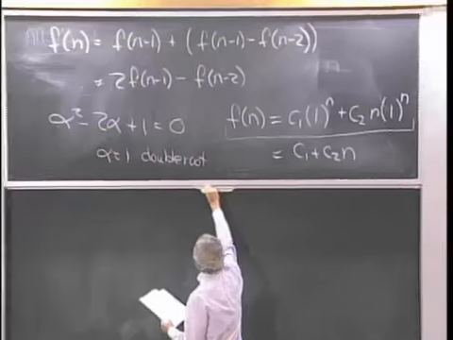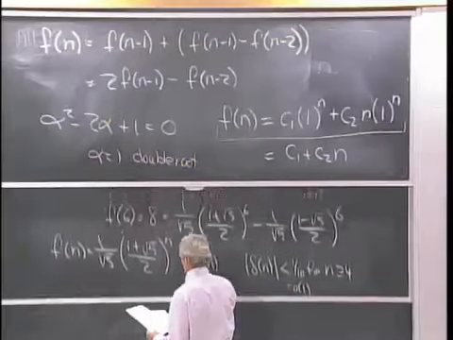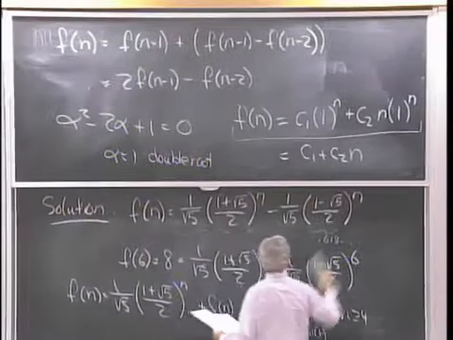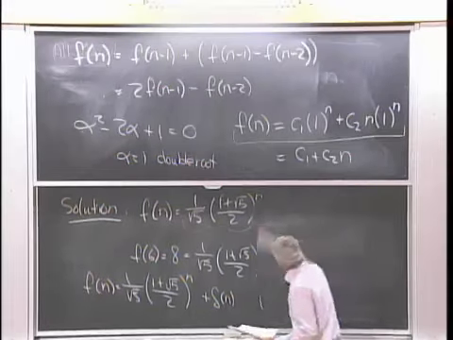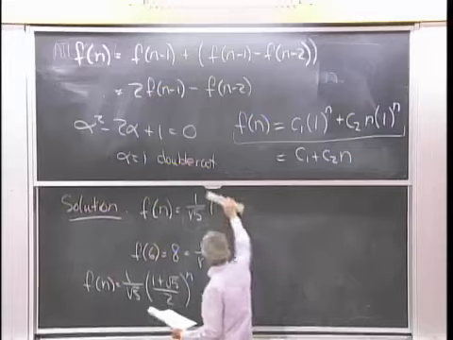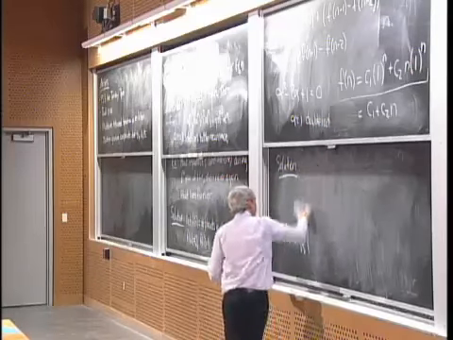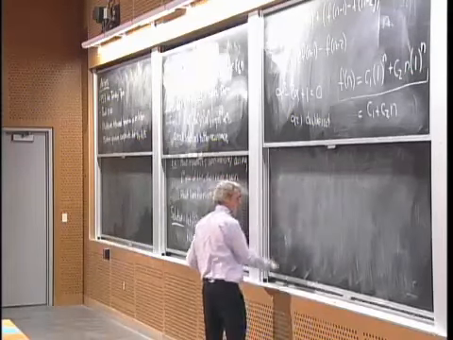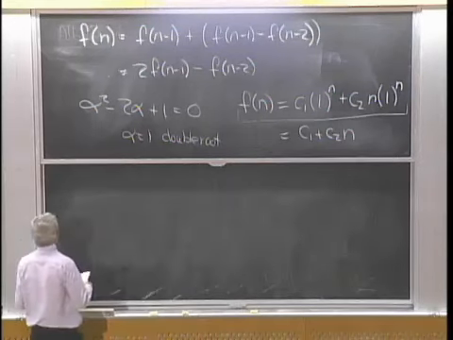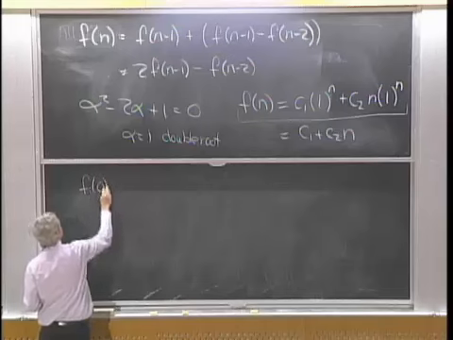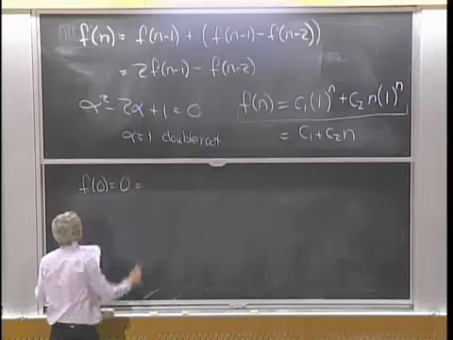And now all that's left is to plug in the boundary conditions. So let's do that. Well, f of 0 equals 0.